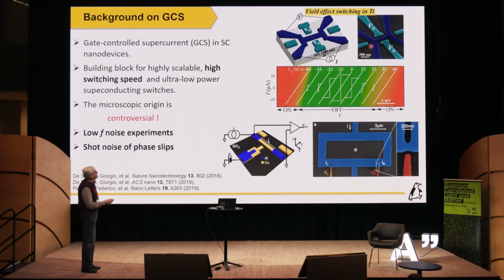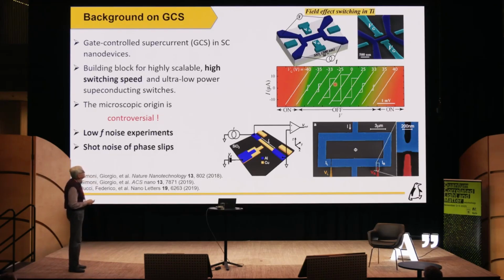This is a device from Francesco Giazzotto, measured some 7-8 years ago, and this is the data. So here is current, and then gate voltage is here, and you can see the supercurrent going down with increased gate voltage. So you have a state where your system is switched off, and then a state where your supercurrent is on.